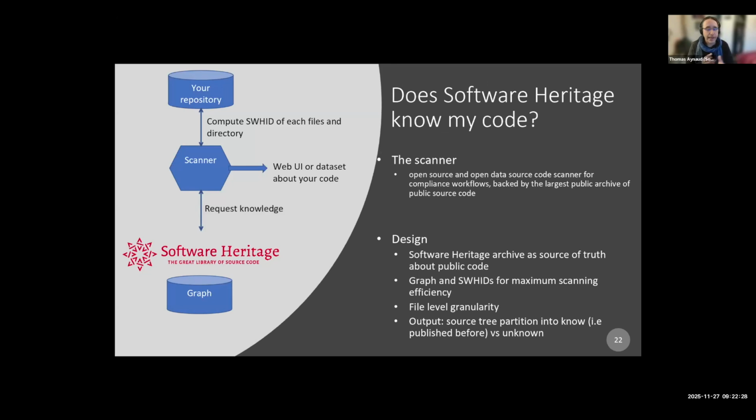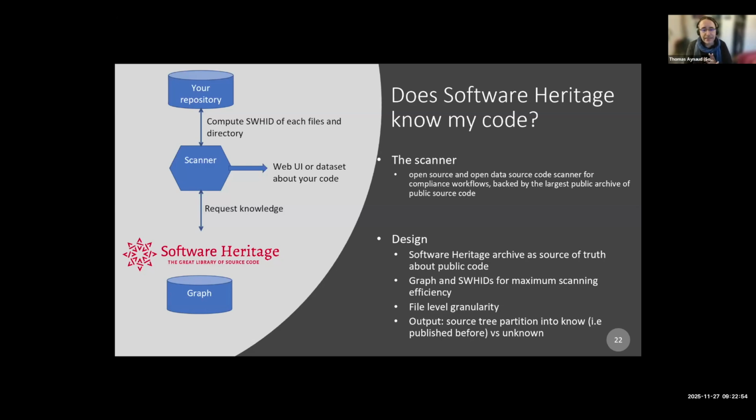The scanner is a small CLI that you run on your repository. It will compute the SWHID of each file and directory, and then it will ask Software Heritage, do you know this code or not? And then at the end, you get a web UI or dataset about your code.